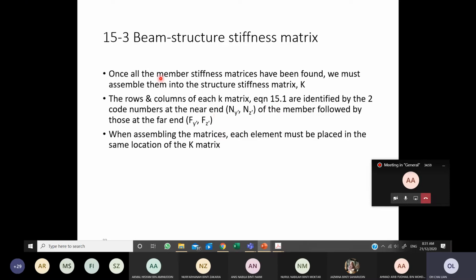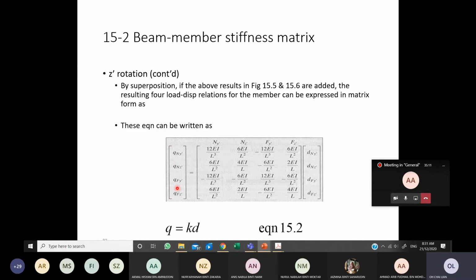But what I would like to highlight is, if you have 5 members or 5 elements, you need to determine this 5 times, unless they have the same information. For example, the EI is the same and the lengths are the same, so you may maintain it.